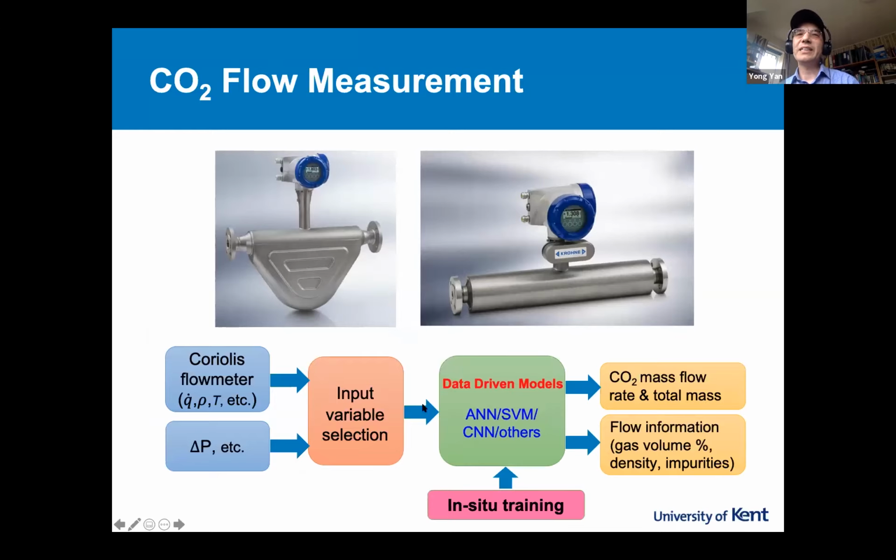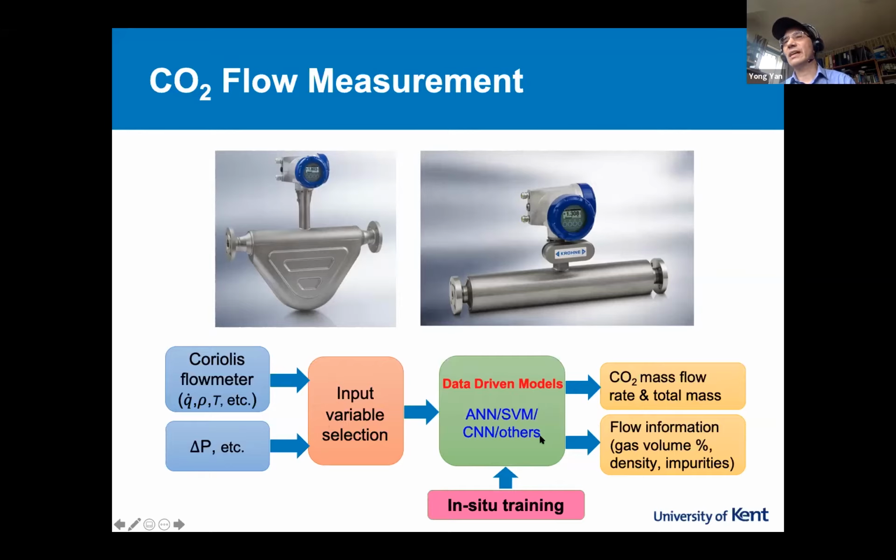And the idea is very simple. We have data-driven models based on a neural network, a support vector machine, or deep learning models, or a combination of any of them. We take inputs and outputs from the Coriolis flow meter, such as the apparent incorrect flow rate, the apparent incorrect density under two-phase conditions, and of course fluid temperature and differential pressure.